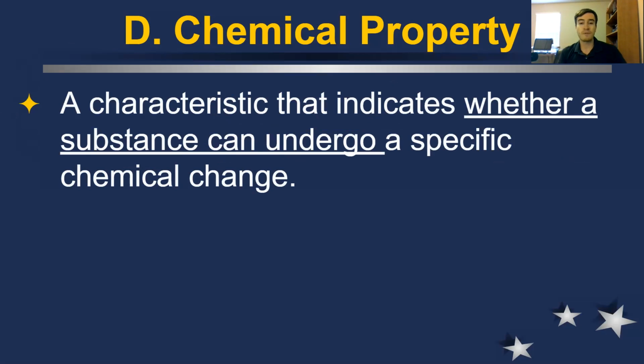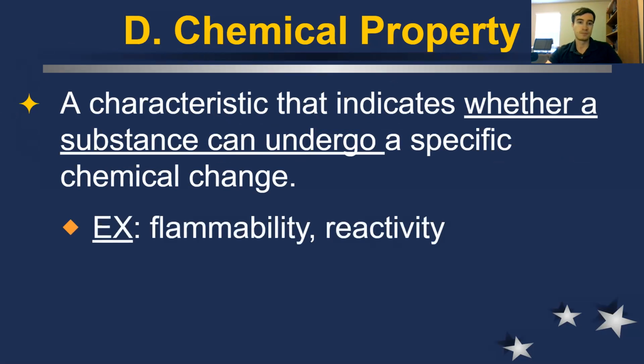So we talked about burning, we talked about rusting. There's also reactivity. So how likely is a chemical to react with air or water and go through a reaction with other chemicals? These are all chemical properties of objects.